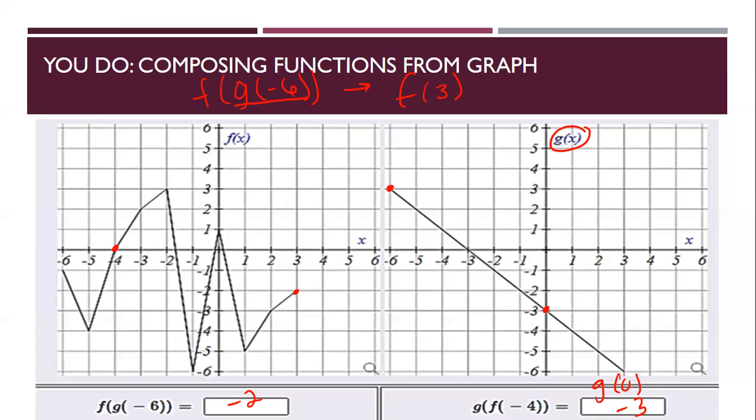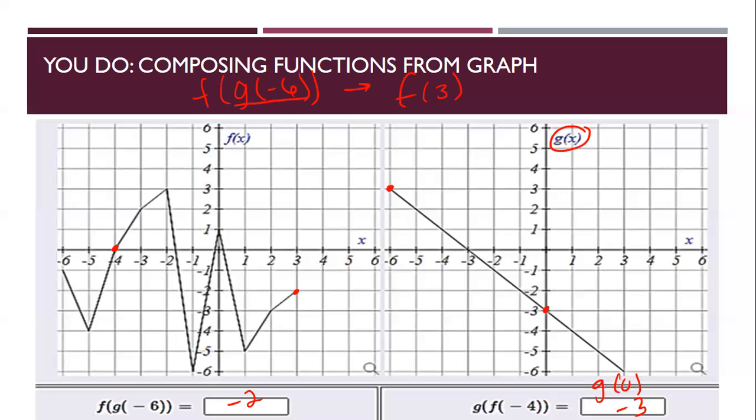You focus on the inside first. I'm going to F first at X equals -4. And what do we get? 0. So now I'm replacing that with 0 because its output is 0. So now I have G of 0. And now I'm going to go to G, go to X equals 0, and my output is -3. Like a chain reaction.